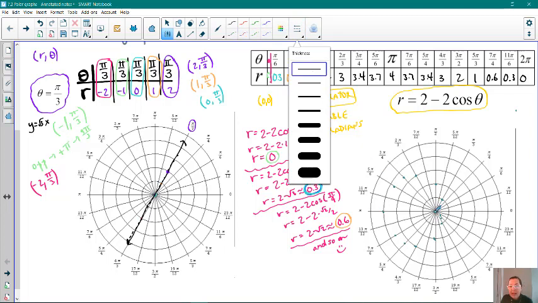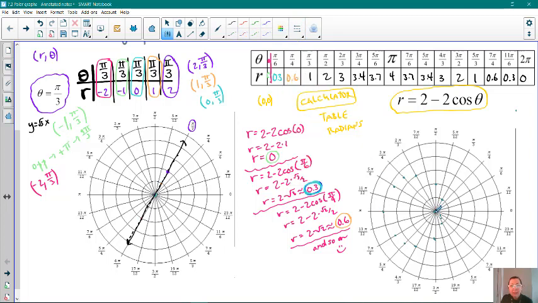So starting at our original ordered pair, which was 0, 0, and connecting the dots, we have a little shape here. And many of the polar equation graphs have special names.